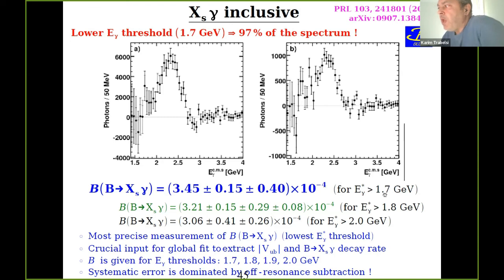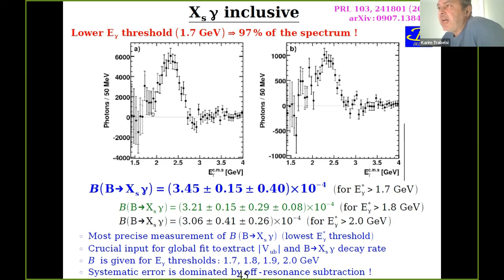What you want to do experimentally, of course, ideally, the prediction you have shown is valid from the beginning of the spectrum. So you want to go to 1.6 GeV. If you go to 2 GeV, in fact, you have a limitation, and you need to do this extrapolation. So ideally, what you want to do is to measure it as low as possible.